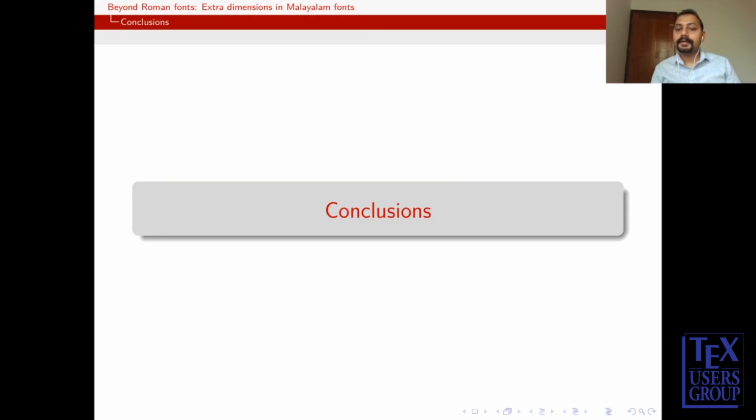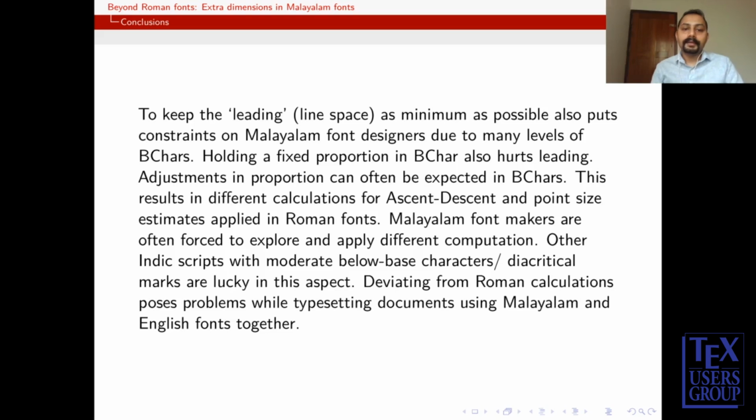We come to the conclusion of the discussion: there are various constraints when it comes to typesetting, especially printing, like the line space needing to be kept as minimal as possible without compromising legibility. And Malayalam traditional script has a number of below base conjuncts, the vertical conjuncts. So keeping a fixed proportional space for below base characters is not acceptable.